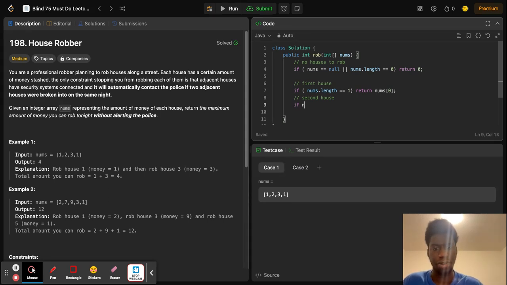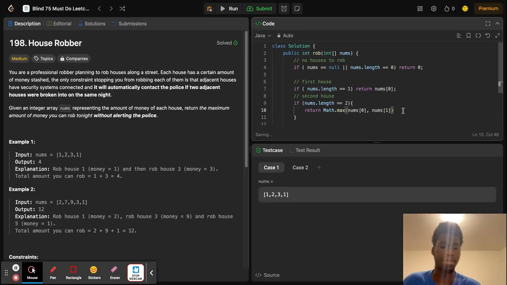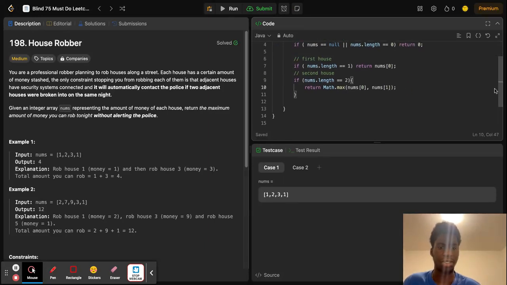So if nums.length equals 2, we return Math.max between nums at 0 and nums at 1. That's perfect. It can't be too bad, because these are just the beginning scenarios, bottom up.